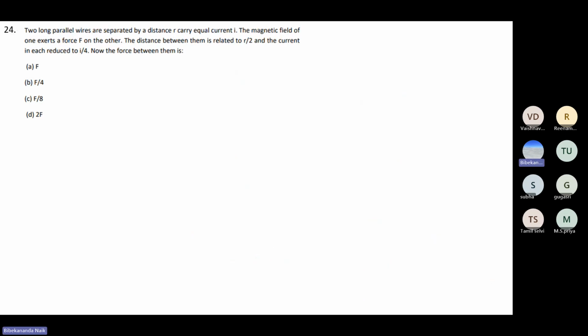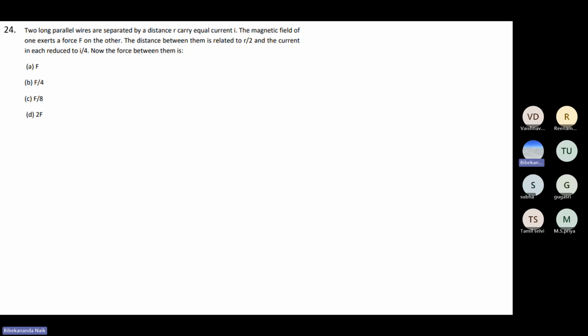Now, next question. The question says two long parallel wires are separated by a distance r and they carry equal current. The magnetic field of one exerts a force F on the other. The distance between them is reduced to r by 2 and the current in each is reduced to I by 4.